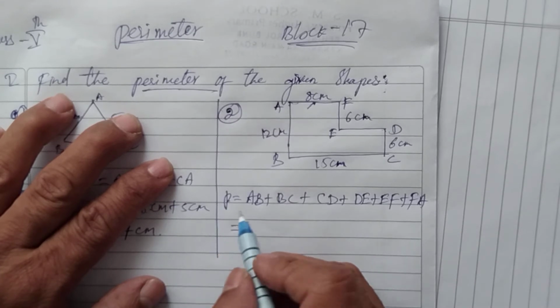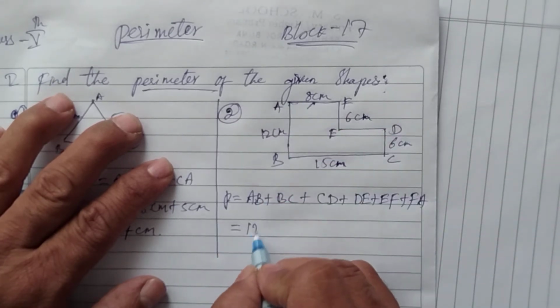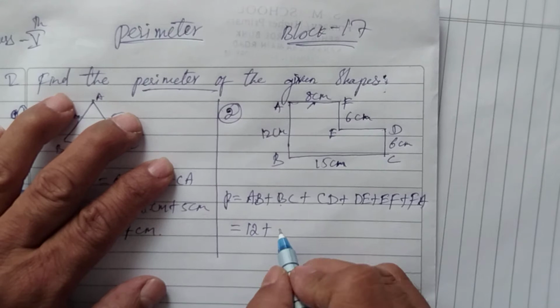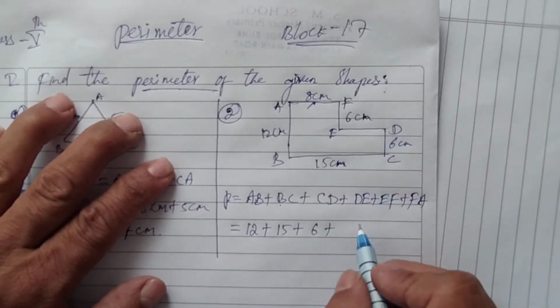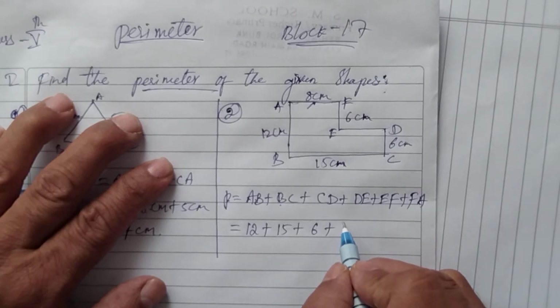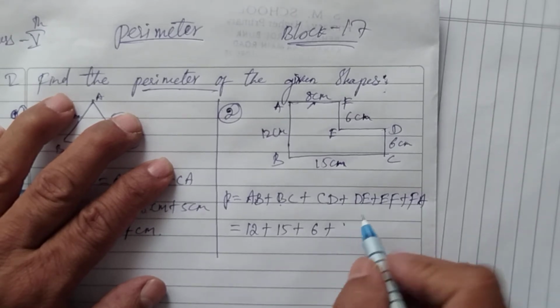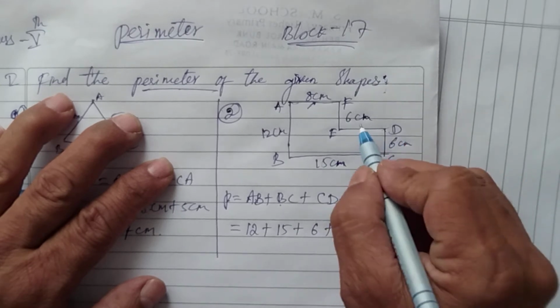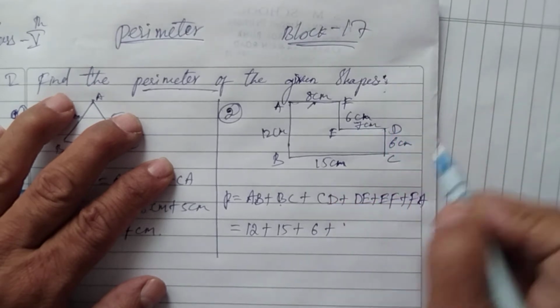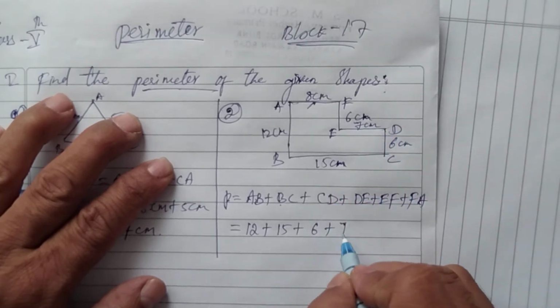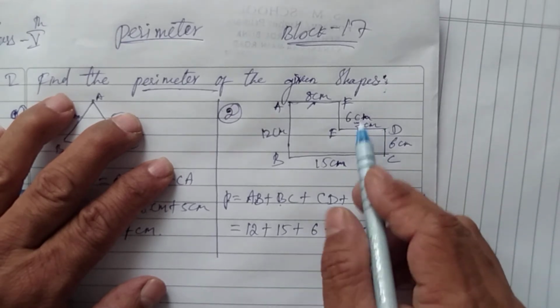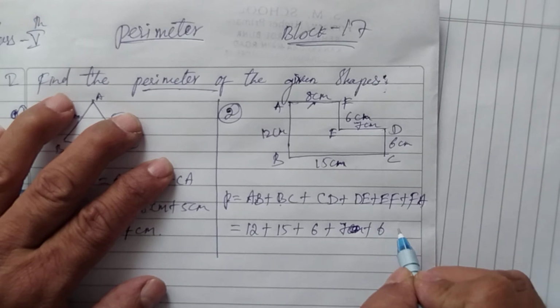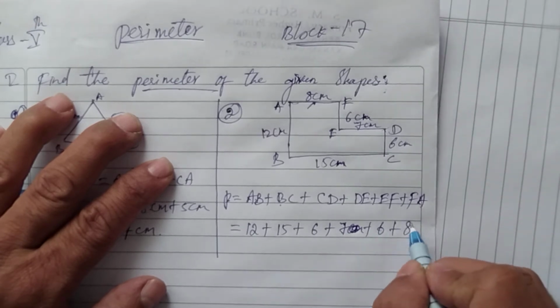Now perimeter P is equal to AB, what is the side? 12 centimeter plus BC 15 centimeter, CD 6 centimeter, DE 6 centimeter. This is not given, this is 7 centimeter. Plus AF 6 centimeter plus FA 8 centimeter.